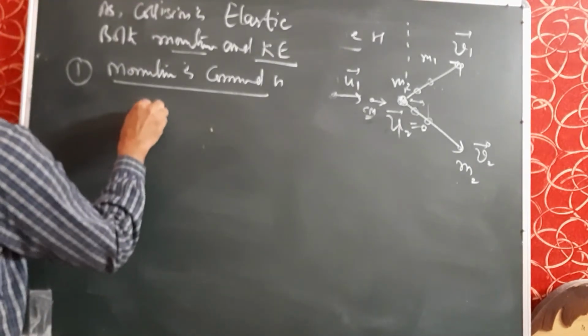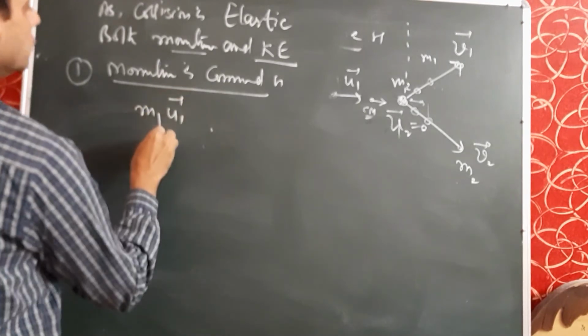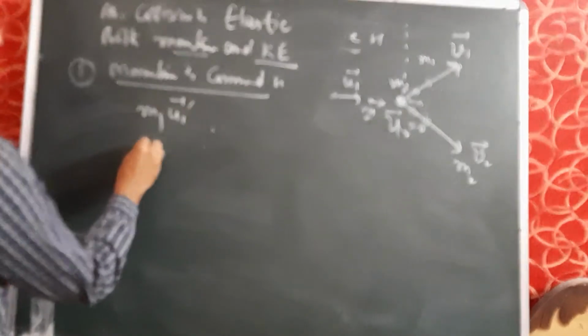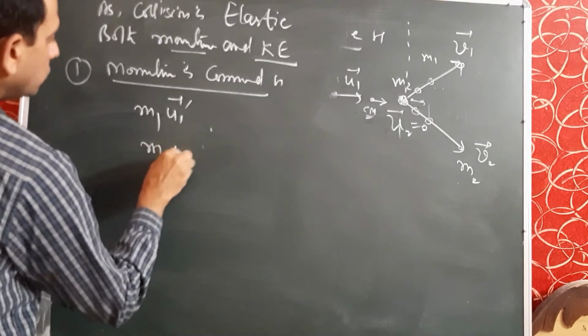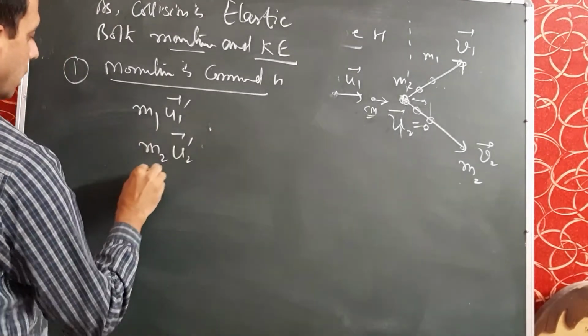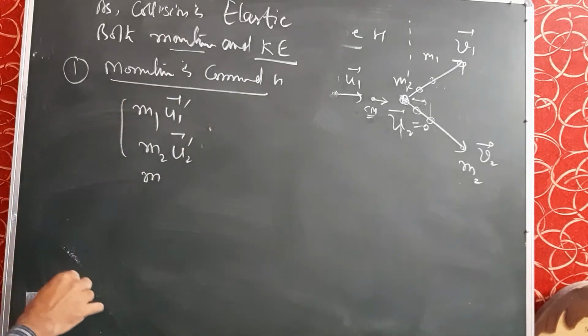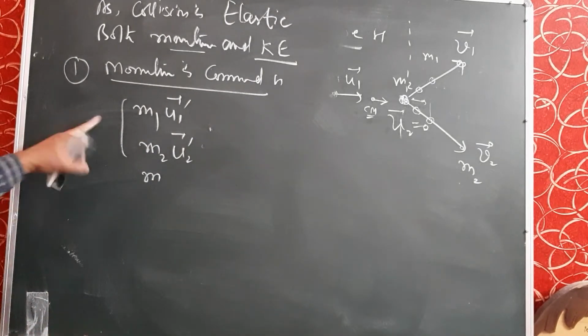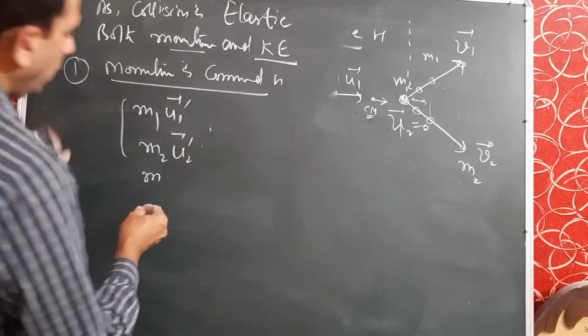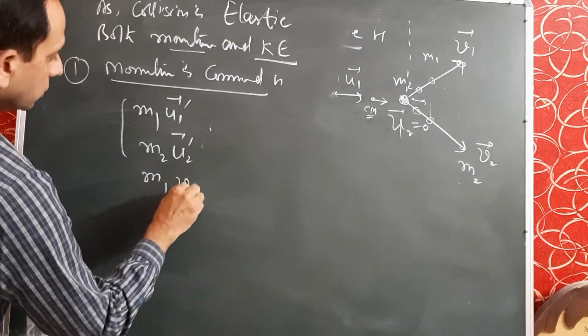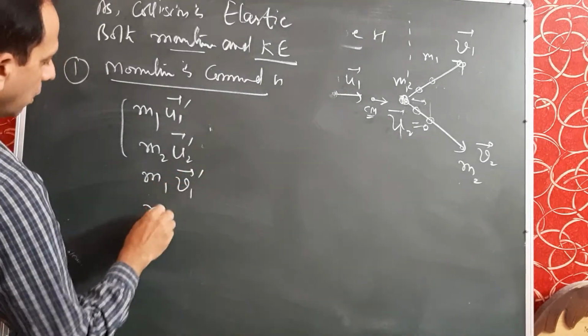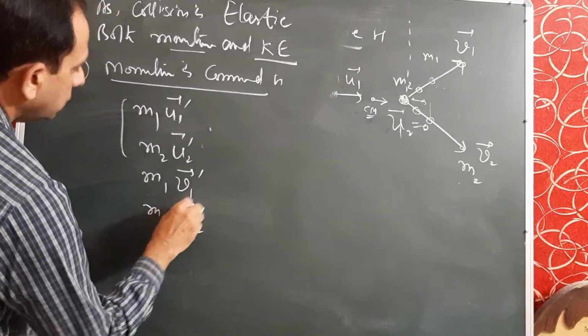Momentum of the first particle is m1 u1 dash. Momentum of the second particle is m2 u2 dash. Then the momentum of the first particle after collision is m1 v1 dash, and of the second is m2 v2 dash.